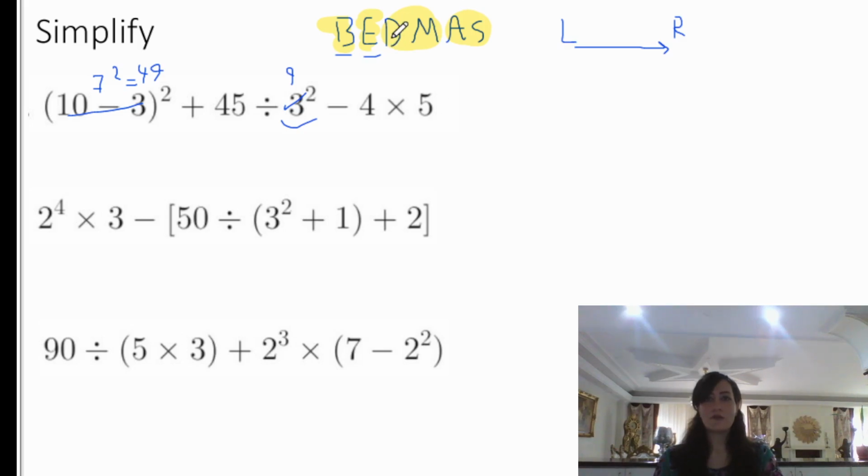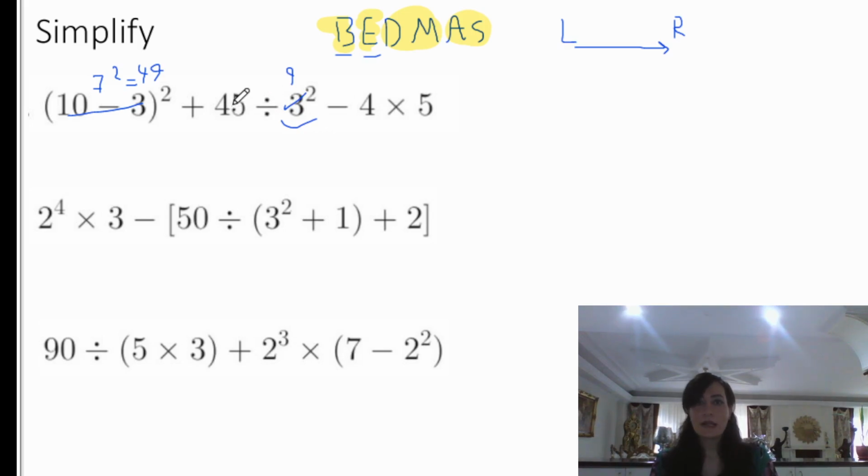I will go for division and multiplication. Same order. So here I have a division sign, here I have a multiplication sign. Which one do I have to do first? I say division, from left to right.